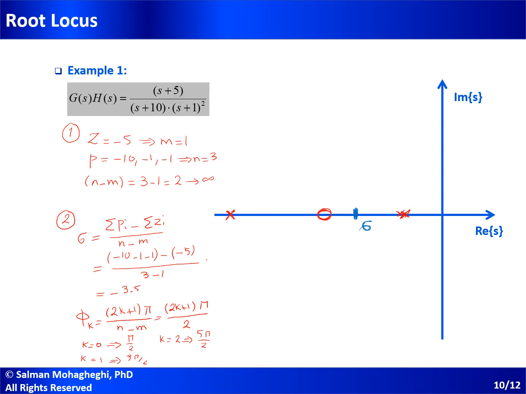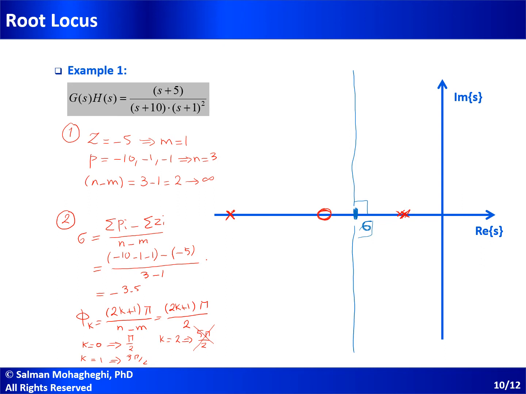However, notice 5 pi over 2 is the same as pi over 2, so that's when I have started repeating the angle, so I will ignore this one. So I have two asymptotes that intersect at minus 3.5, and their angles are 90 degrees and 270 degrees. So I will have one asymptote like this, and one asymptote like this. One has an angle of 90 degrees, the other one has an angle of minus 90 degrees or 270 degrees.